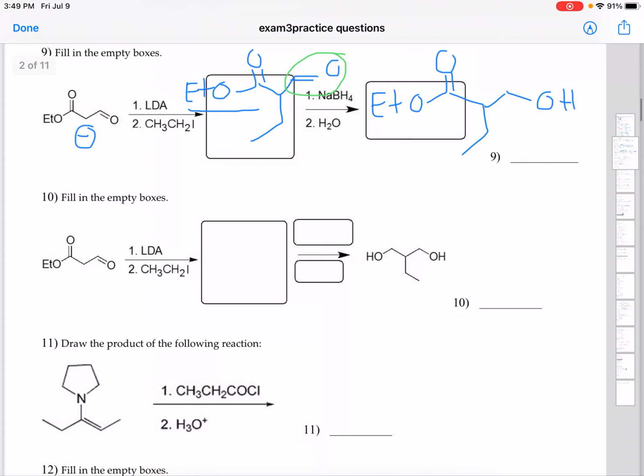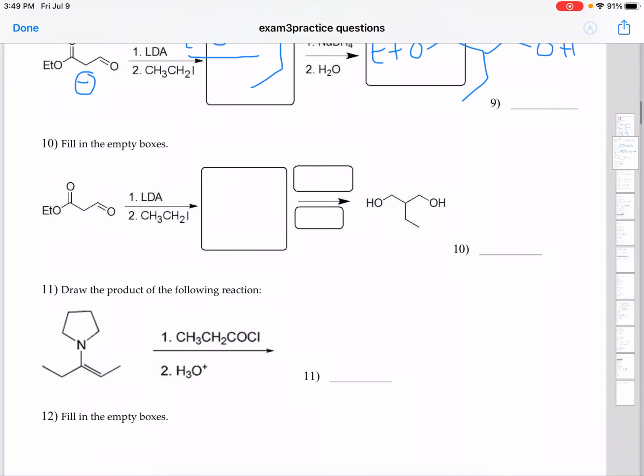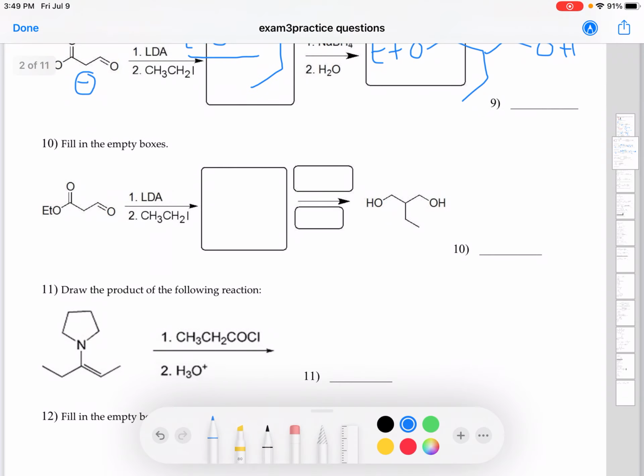Number 10. So it's asking what is happening here. LDA, ethyl iodide, which is the same as the previous one. So your answer for the first part is going to be similar to the previous one, right? And then you are getting this product, right?